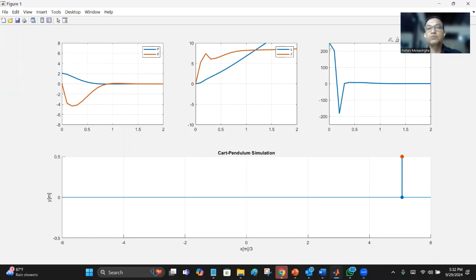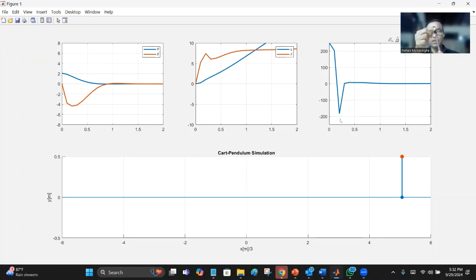It starts with some 300 units initially, positive, and then in a very small time, it goes to almost negative 200. Initially the pole was like this, 120 degrees, and you want to get it upright.